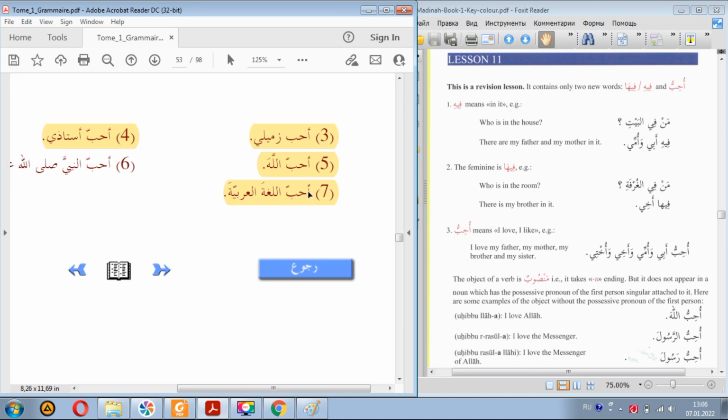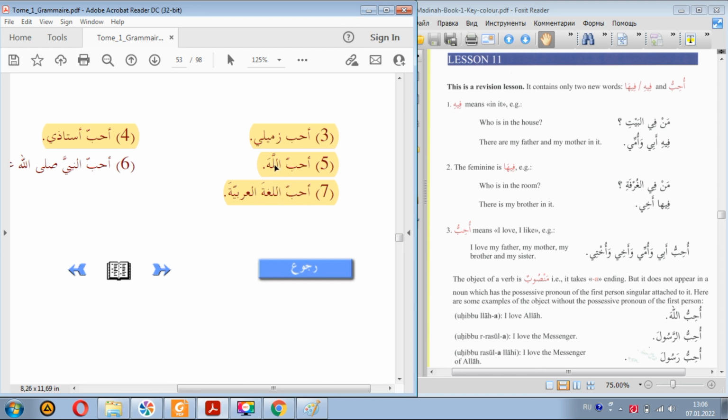So أحب, that's an action, and it falls upon اللغة, therefore it takes fatha. It means I love the Arabic language. I can't say اللغةُ or اللغةِ, because when an action falls upon something, it takes fatha.